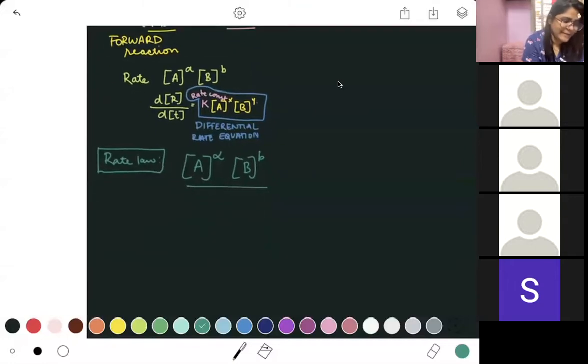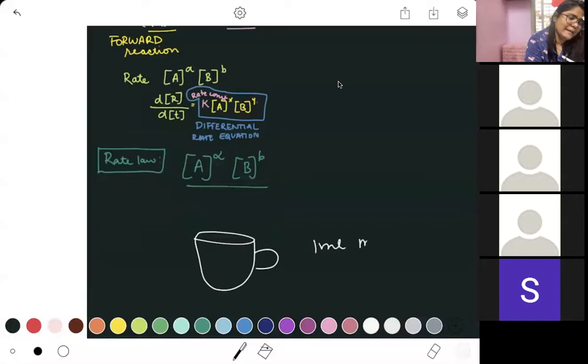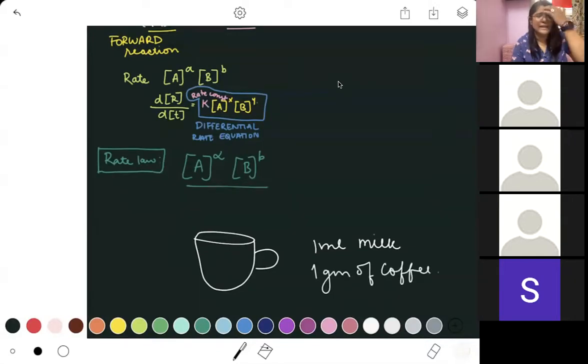If I need to make this big cup of coffee, I possibly cannot take 1 ml of milk and add to it 1 mg, or let's say 1 gram of coffee. What I would make would not be a liquid cappuccino. What I would be making would be a concentrated decoction of my coffee, which is something I'm not looking forward to.